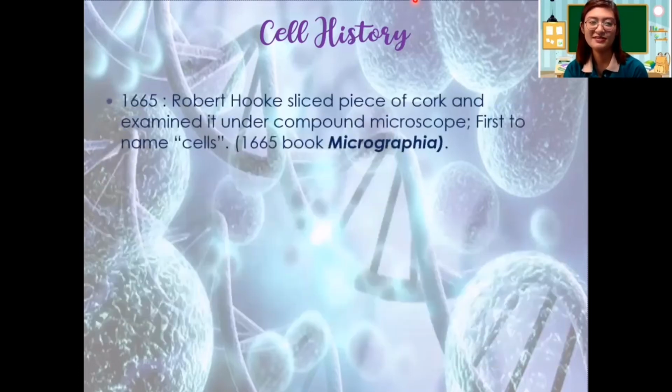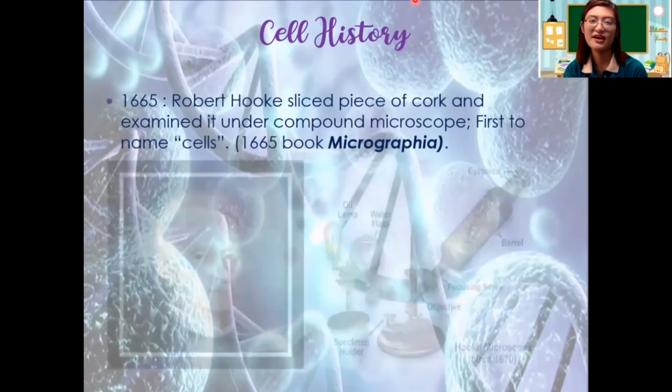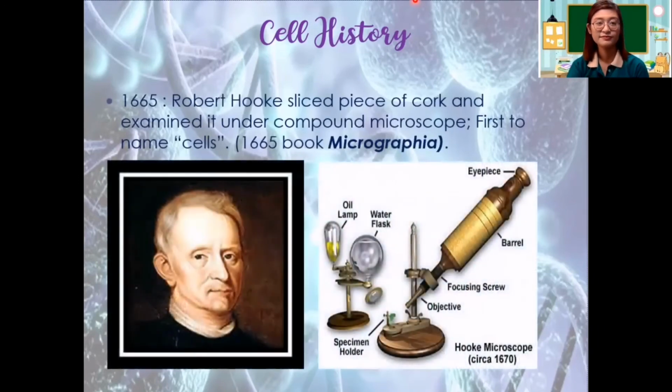Next, by 1665, we have Robert Hooke. Again, he sliced a piece of cork, the cork that covers a bottle of wine, and examined it under the compound microscope.